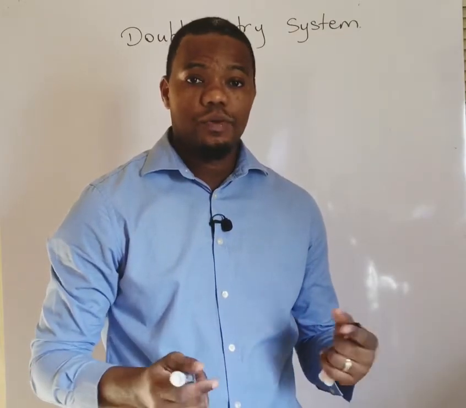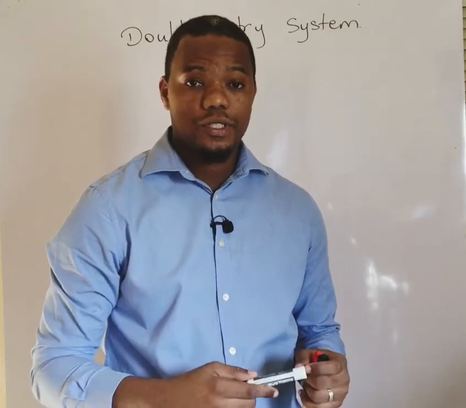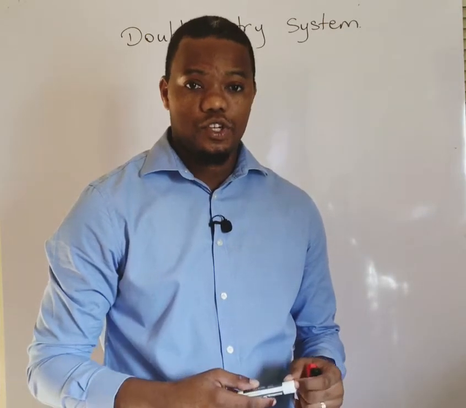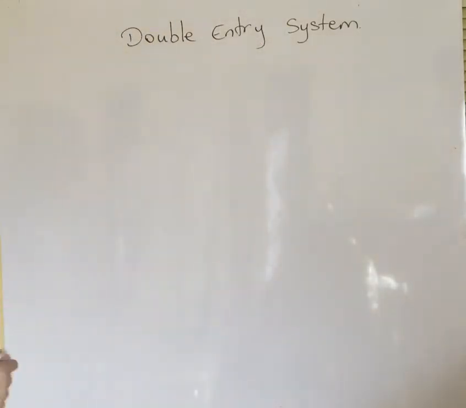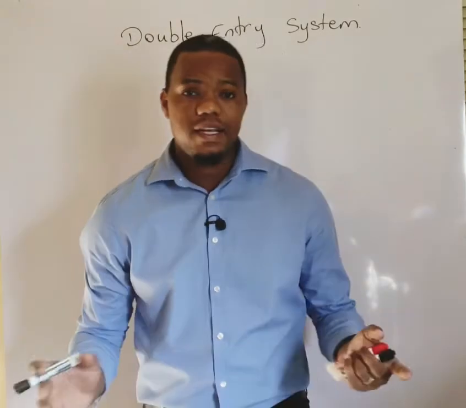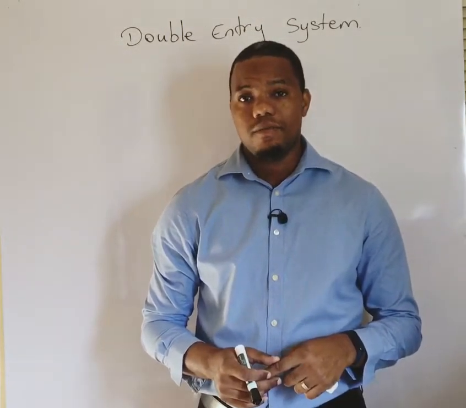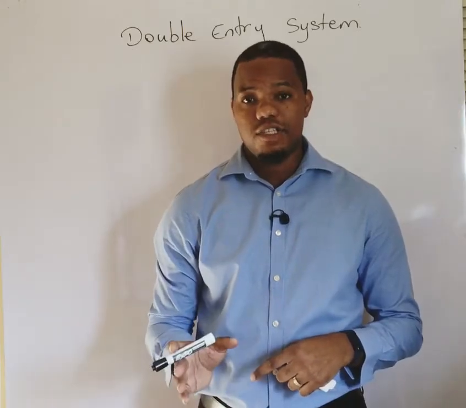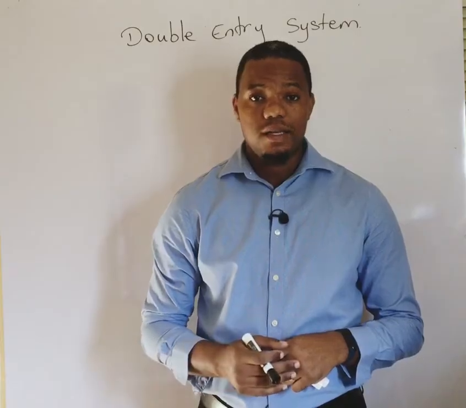If you do not know, please check out my first video on accounting, introduction to accounting, and you will see what those terms mean. The double entry system is really a simple system for you to understand. It is the basis of accounting. If you can understand the double entry system, then you are quite on your way to doing well in CSEC accounting.